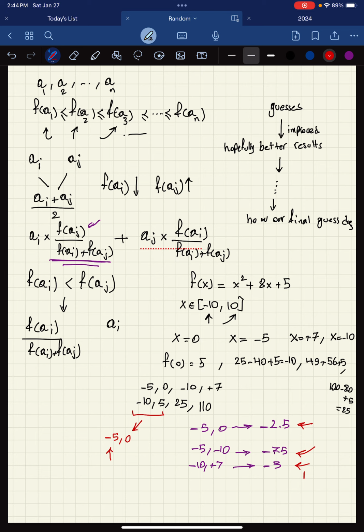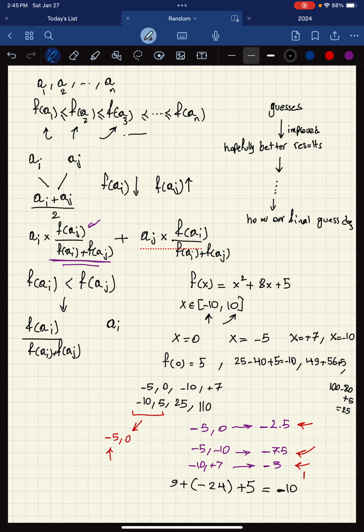And as you can see, if we put minus 3 in our f function, we are going to get 9 plus minus 24 plus 5, which is 14 minus 24, which is minus 10, which is again the same result as minus 5.